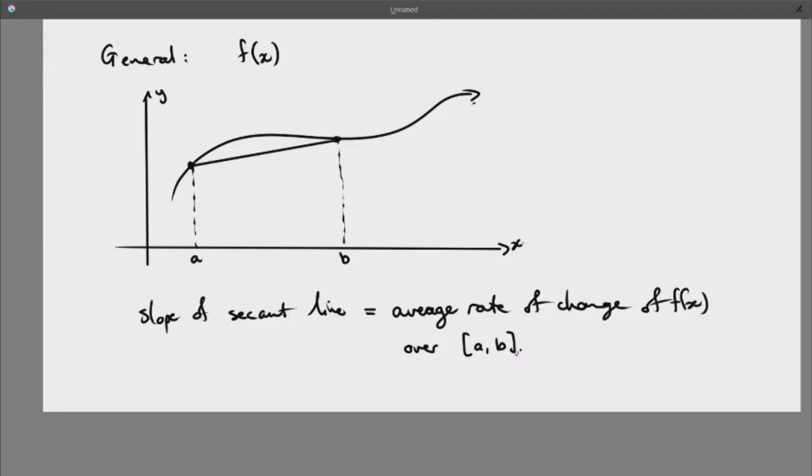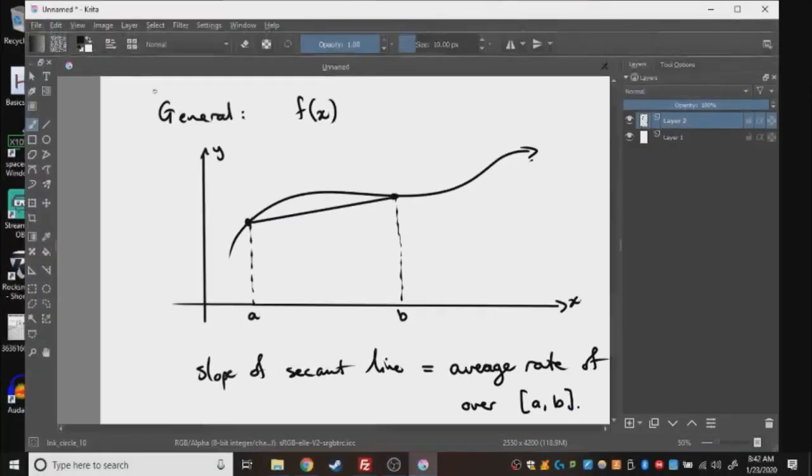And so it depends. Those things are all the same. Am I looking at the graph, talking about its features, or am I just talking about the function's features? Average rate of change. So let's look at a couple of examples on that.